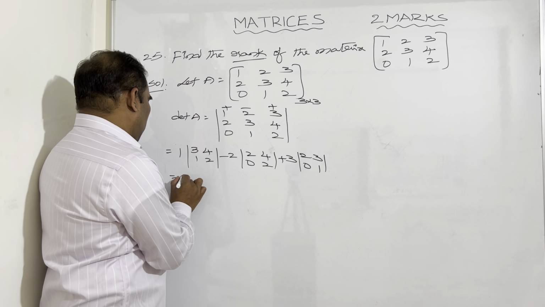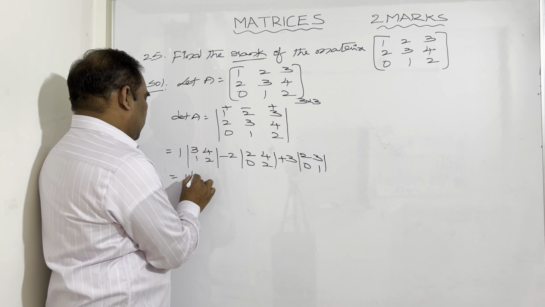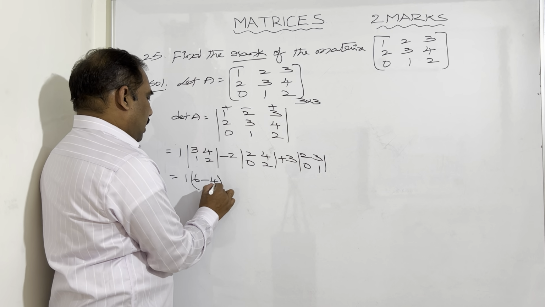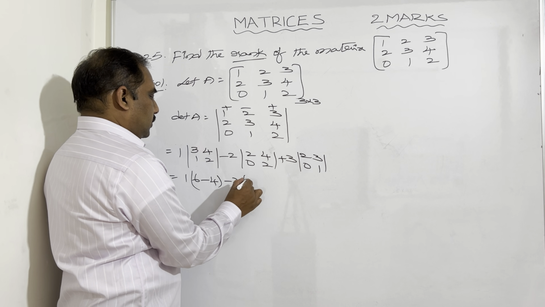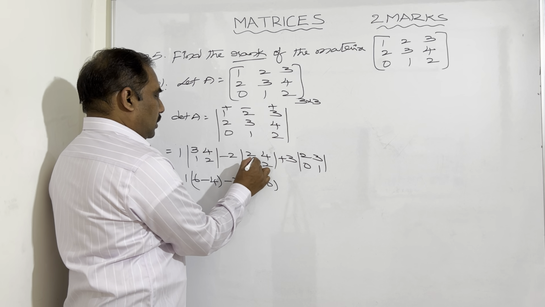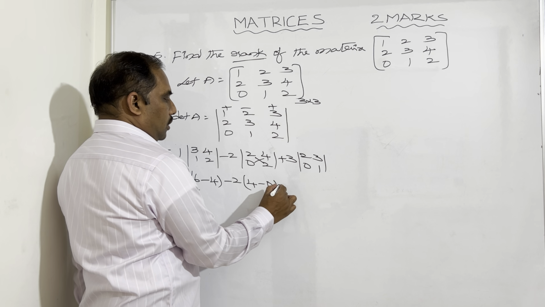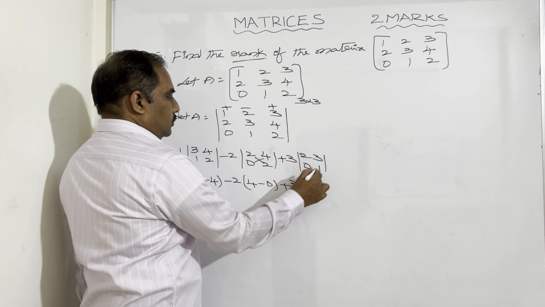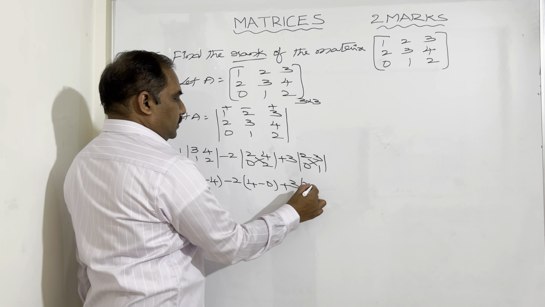Now this is equal to 1 into 6 minus 4, and minus 2 into 4 minus 0, like this only we have to multiply, no? Plus 3 into 2 minus 0.